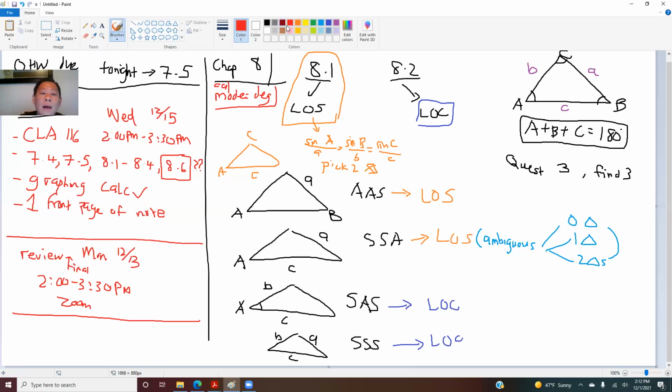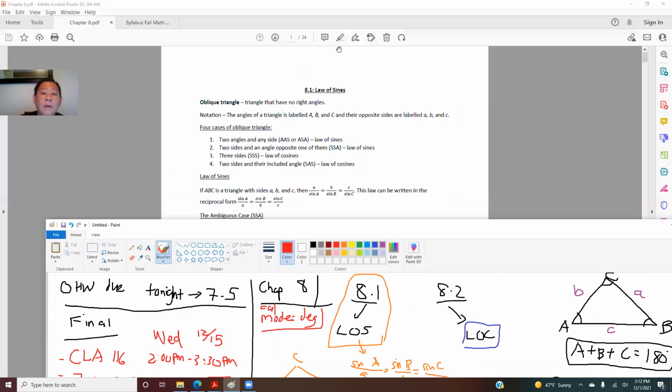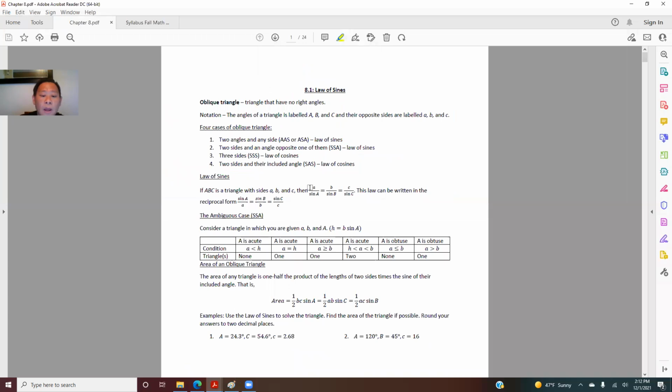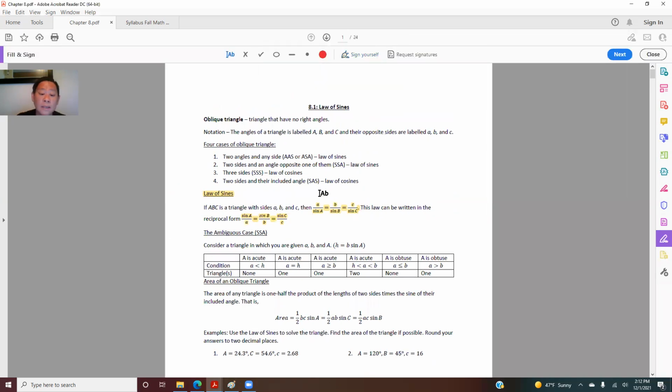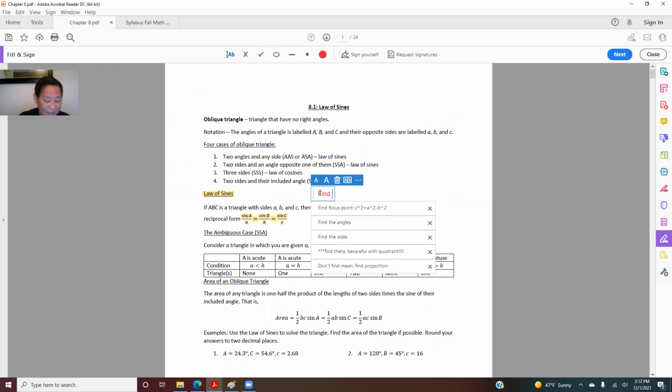Now, this is the law of sine, which is given right over here. You can either do sine A over A, sine B over B, sine C over C, or you can do A over sine A, B over sine B, C over sine C. If you want to use the first one, with the A on top, this is good if you want to find the side.